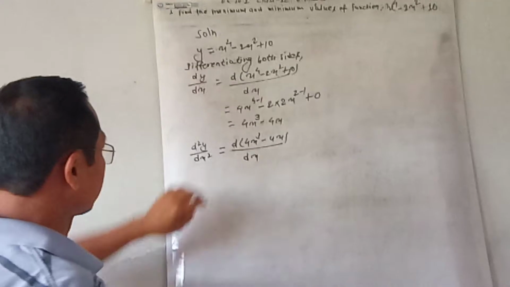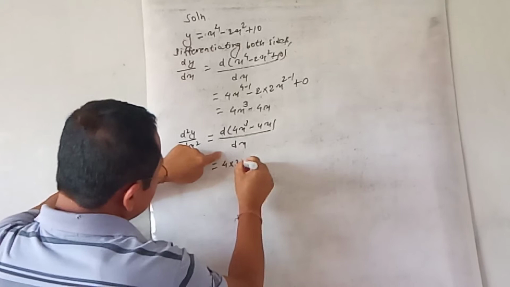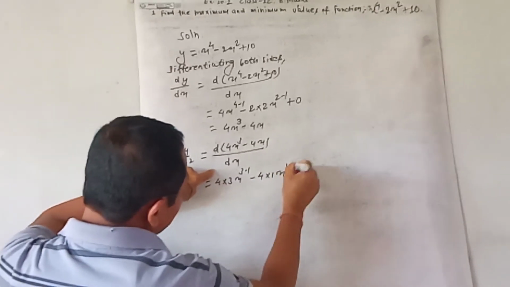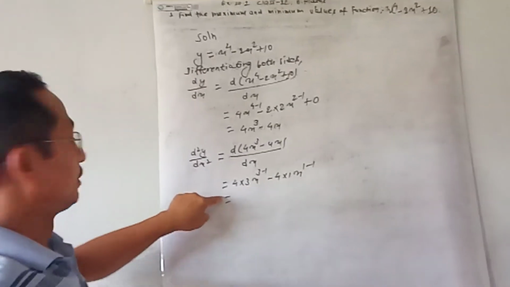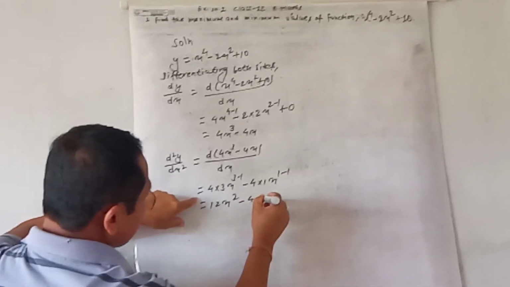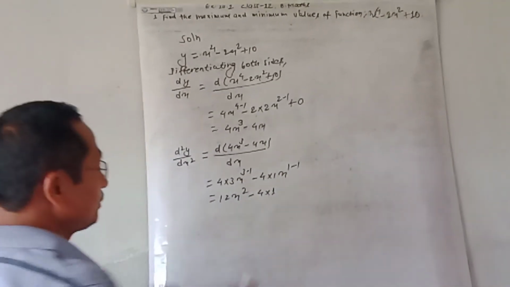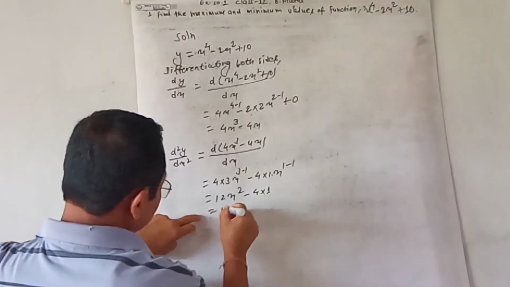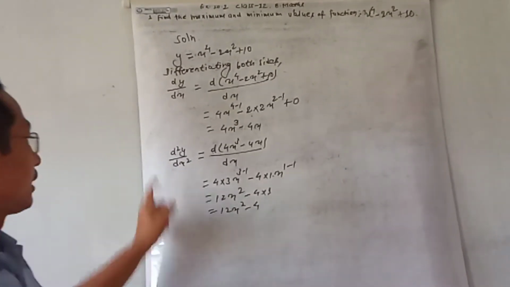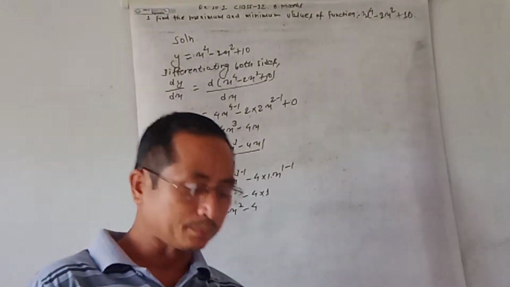Now the derivative of 4x cube is 4 into 3 x power 3 minus 1, minus 4 into 1 x power 1 minus 1, using the power rule. That's why 4 threes are 12 x square minus 4 into 1, and x power 0 means 1. So 12 x square minus 4 is the second derivative.